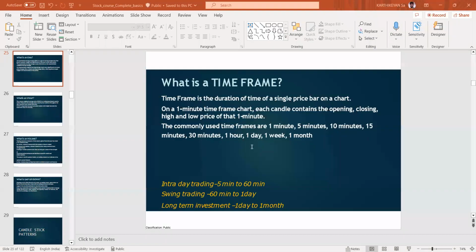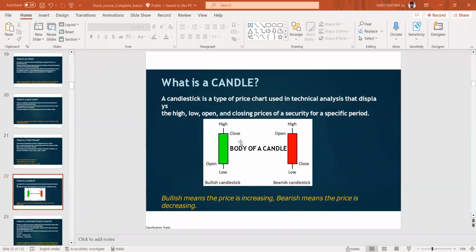To refresh that, let me share my screen. So this is the candlestick we discussed earlier. It has an open, high, close and low. This is a green candle and this is a red candle, which has the same.